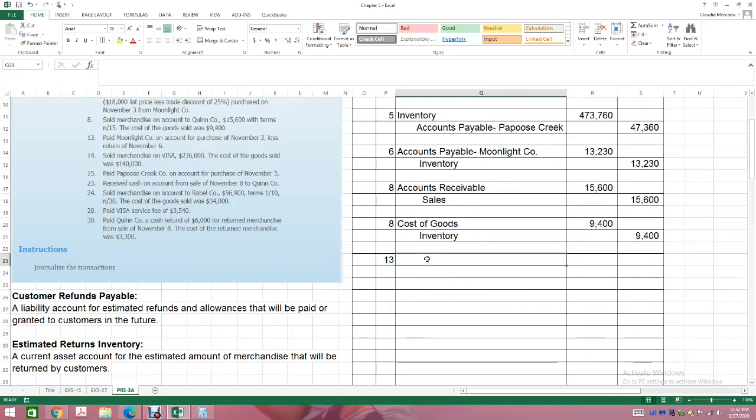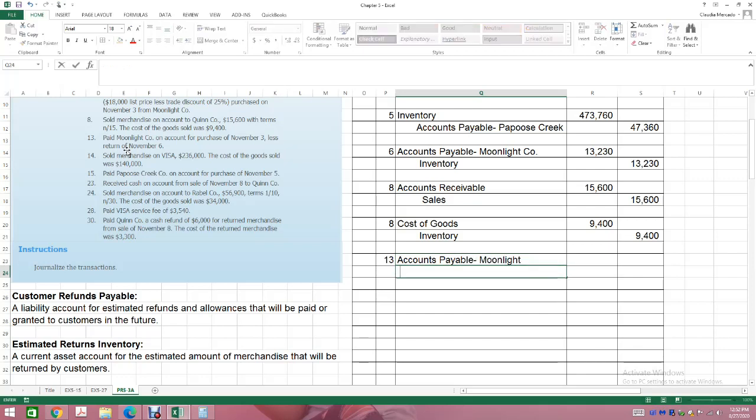So what are we going to do when we're doing this adjustment? We're paying the balance for the purchase of November the 3rd less the return that happened on November the 6th. On the 13th, we're paying Moonlight Company on account for the purchase of November the 3rd less the return. So I'm going to debit my accounts payable for Moonlight.